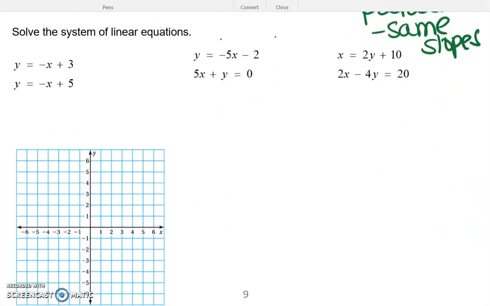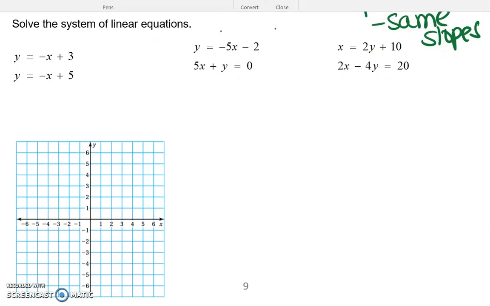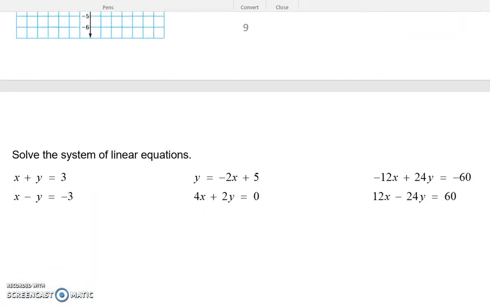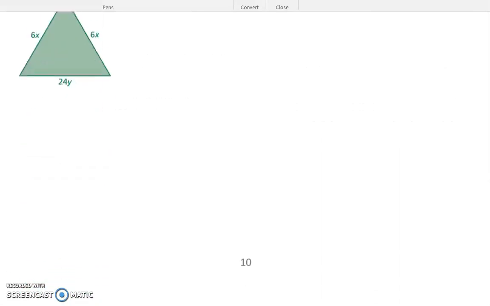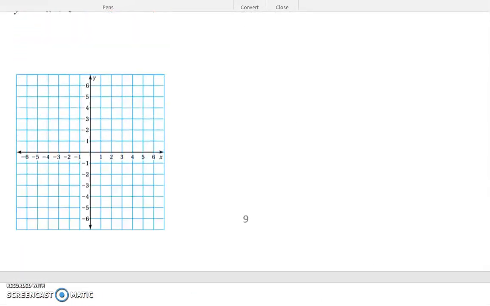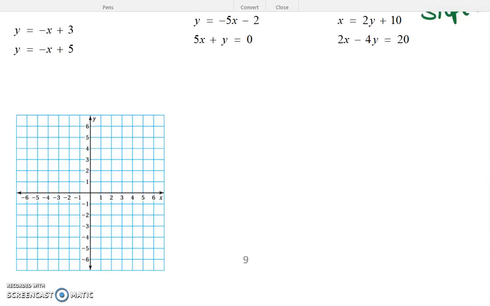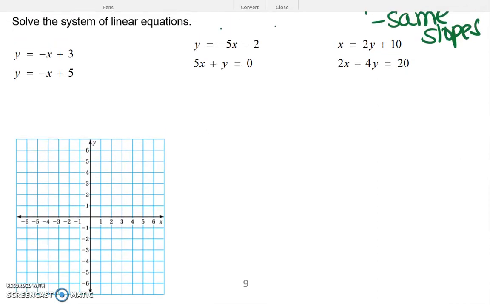And these next 3 problems, I think, are supposed to be on your own, even though it doesn't say it. Possibly? No, none of them say on your own. Okay, I'll do a couple with you, and then you need to do some on your own. So this first one, we're going to graph. I know we're going to graph because these are both in y equals mx plus b form.